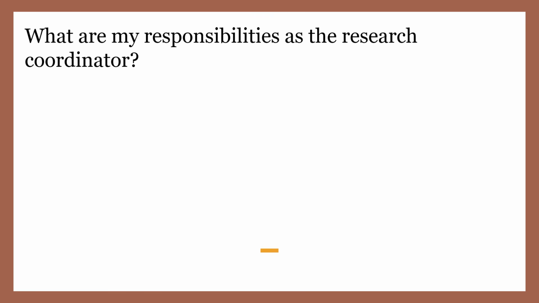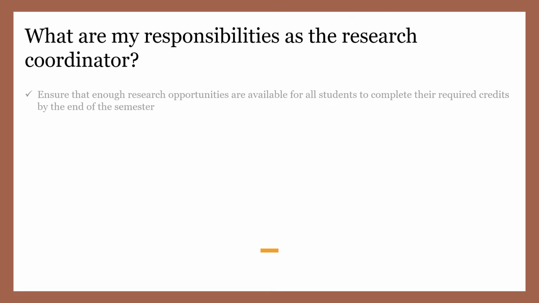Of course, I also have responsibilities as the research coordinator. My overall role is to make sure that this whole process runs smoothly for you as students who are taking part in this process, but also for faculty, since they're the ones who will be posting studies on the system. So I will have to make sure that there are enough research opportunities for everyone to complete the required credits. Even if you get excluded from a study, it's my responsibility to make sure that I offer something else to you.